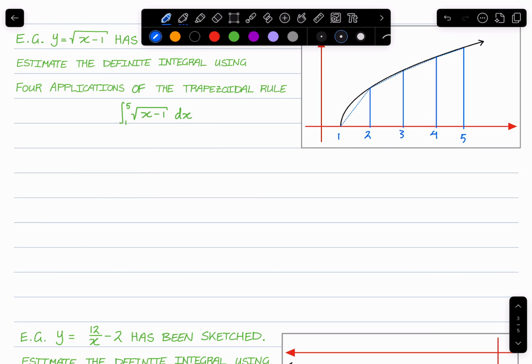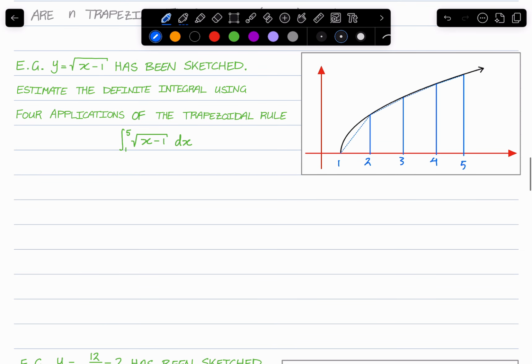So for this, how I lay out my question for something like this is, well, what is the height along these ones? Well, h in this case is simply 2. And now we're going to use our function values, x, f of x. So 1, 2, 3, 4, and 5.